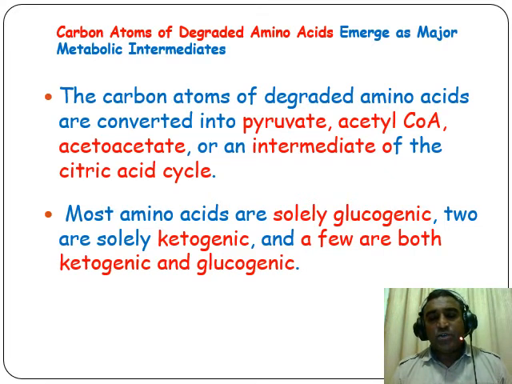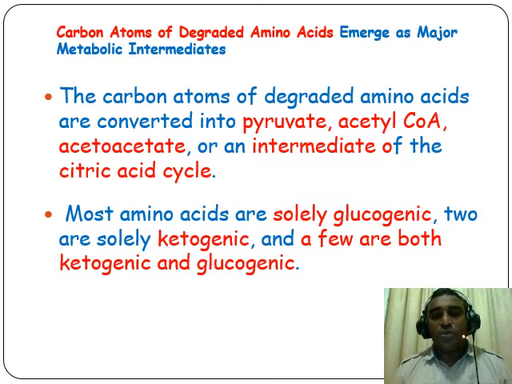classified as glucogenic if they give rise to pyruvate as well as the intermediates of the citric acid cycle, and ketogenic if they end up as acetyl coenzyme A or acetoacetate.